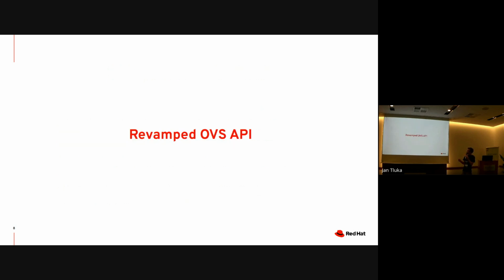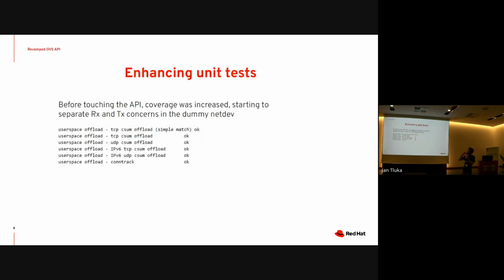So what happened in 3.6? First thing, we added a lot of unit tests. We had a big gap on this topic, and so part of the work was revisiting from scratch and separating, let's say, error status from the offload decisions in the datapath.